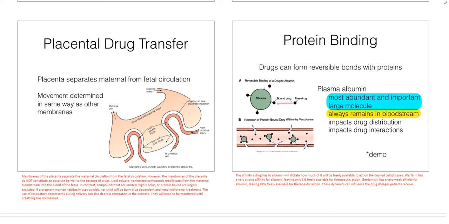We can give them the antidote for that, but the point is that we want to skip that and make the dose appropriate for that patient. Whereas with gentamicin, if they have very low levels of protein, it won't make any difference because we're only talking about 1% that ends up getting bound to protein. So we're good.